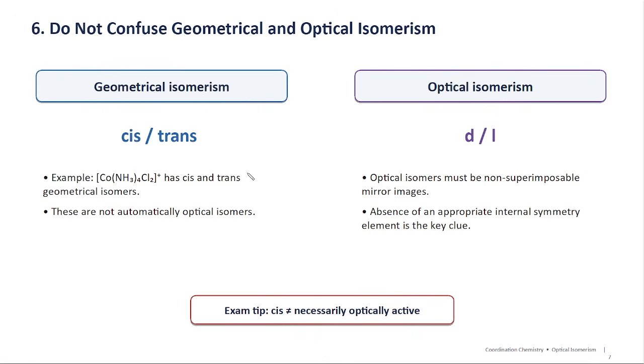Next one: do not confuse geometrical and optical isomerism. Geometrical isomerism shows cis and trans isomerism, and optical isomerism shows dextro and levo isomers. Remember that optical isomers do not have a plane of symmetry or center of symmetry, and the molecules show non-superimposable mirror images. This is the fundamental.